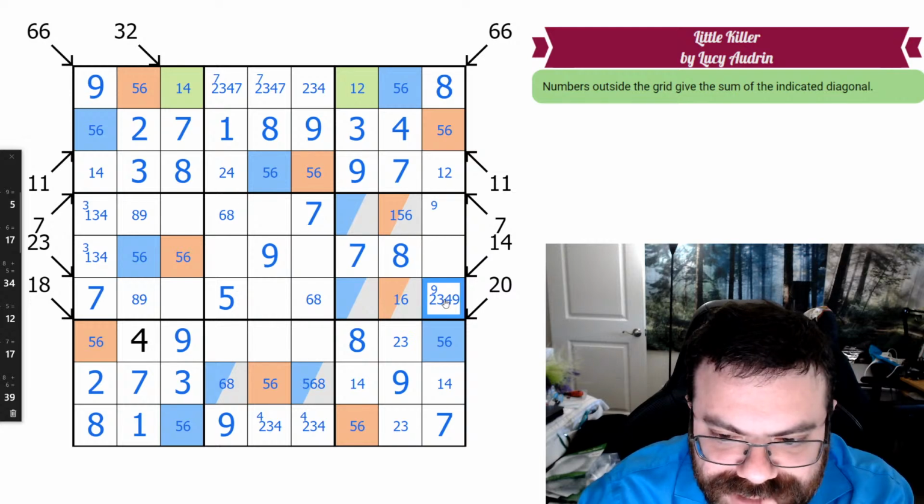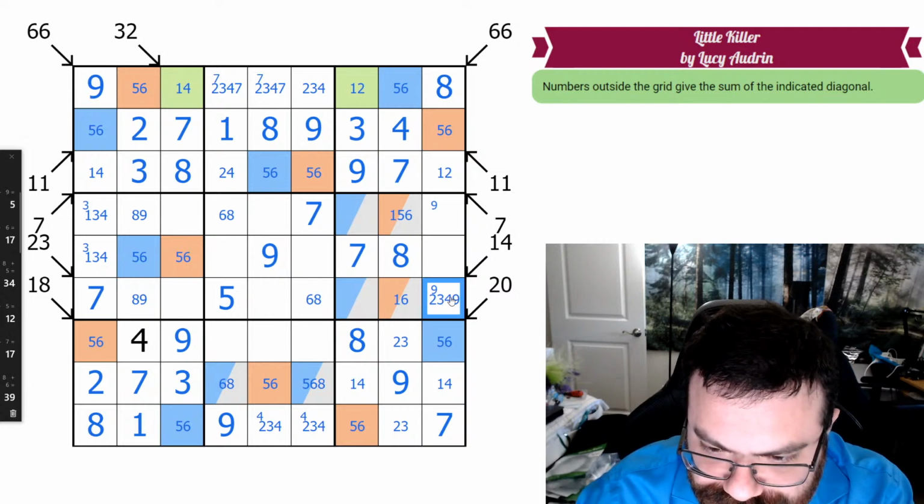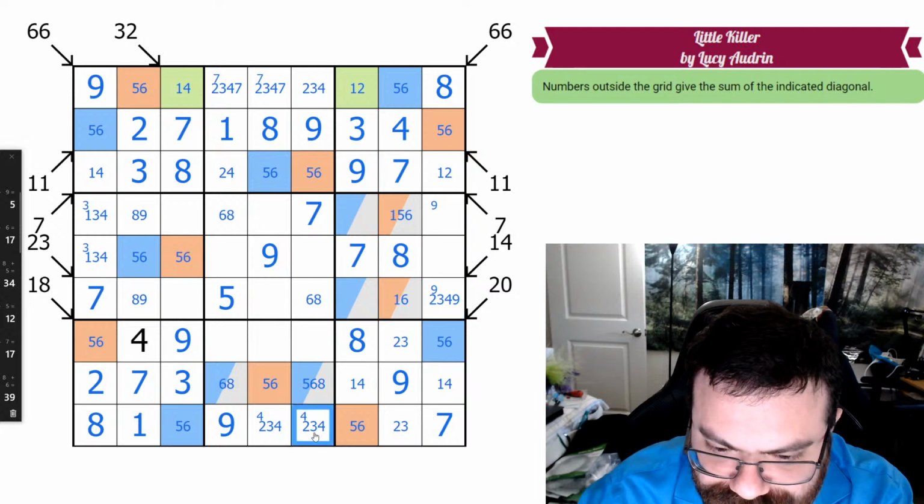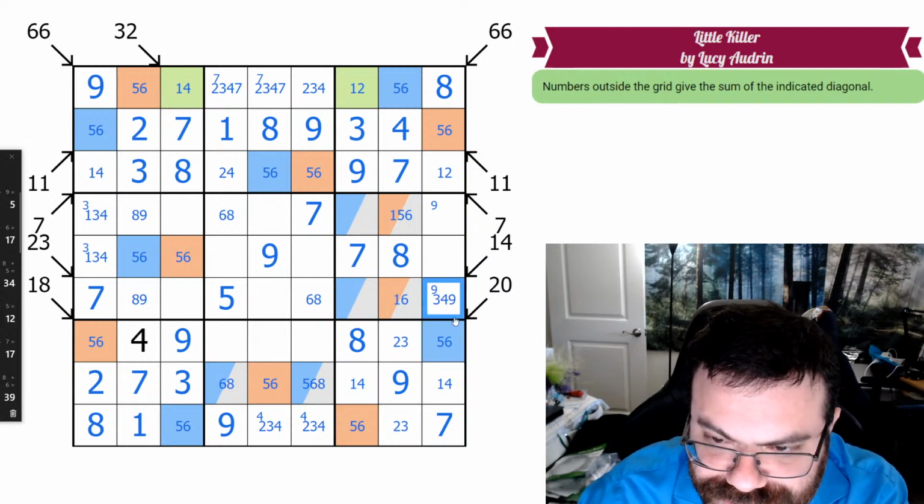Row 7, column 9 is much more limited. These are maximum 11. So this can't be a 2. 4, 8, 11. Yeah, this needs to be at least 3.